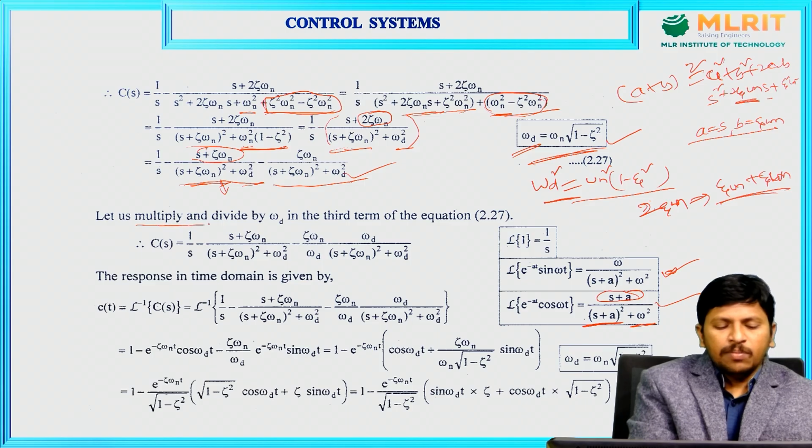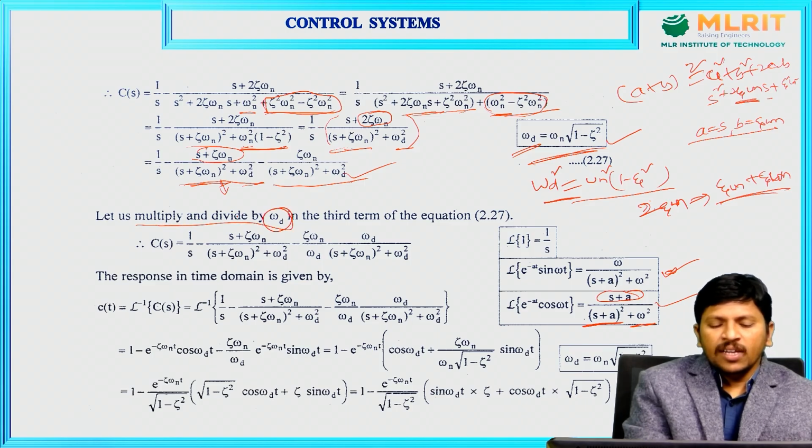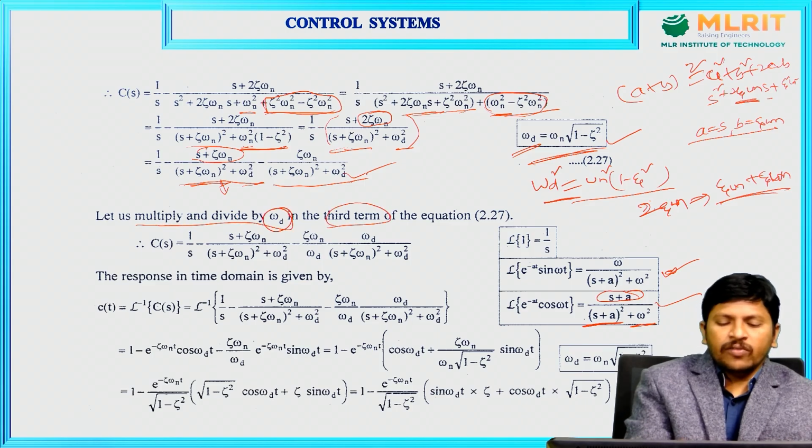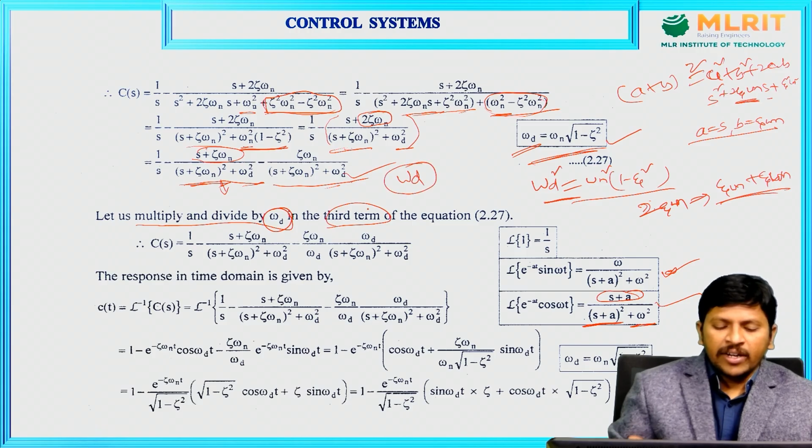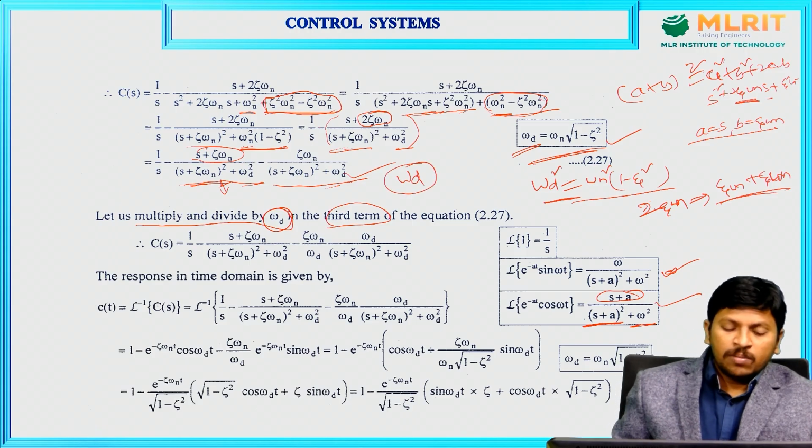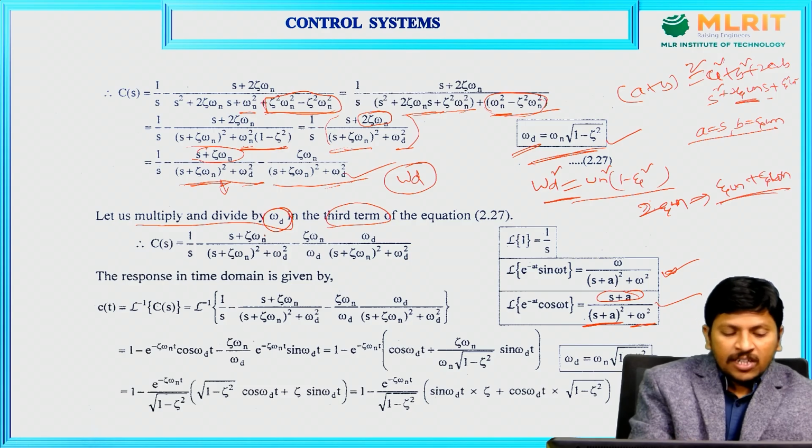See here, multiply and divide by omega d in the third term of this equation. First term, second term and third term. Now I am going to multiply and divide by omega d. So C of s equals 1 by s as the first term, and the second term is as it is, s plus zeta omega n divided by s plus zeta omega n whole square plus omega d square.